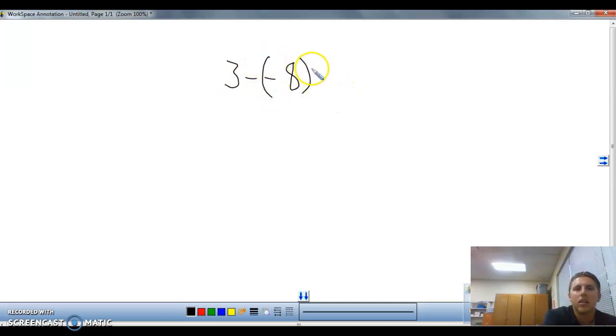Again, we've got a subtraction of a negative, we can rewrite that as an addition of the opposite. What's the opposite of negative 8? Positive 8. And again, another way I told you, if there's two negatives in a row next to each other, then you can change those to a positive.